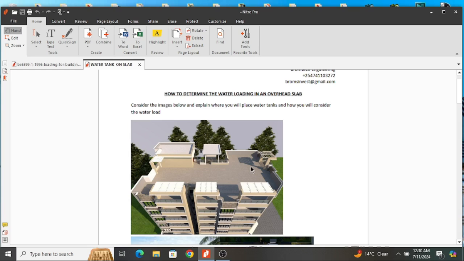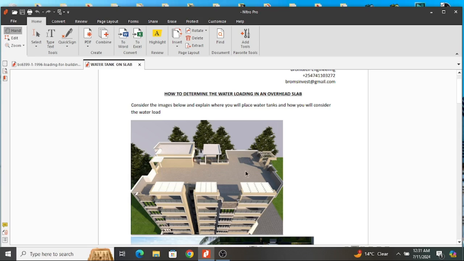Today's lesson is basically on how to determine the loading from the tank to the structure. That will be to the slab, and that loading is then later distributed from the slab to the beams and then the columns. So in this structure, I would consider placing my water tank here and here. And if these are insufficient, then I would select an area within this terrace to place my tanks, probably maybe here.